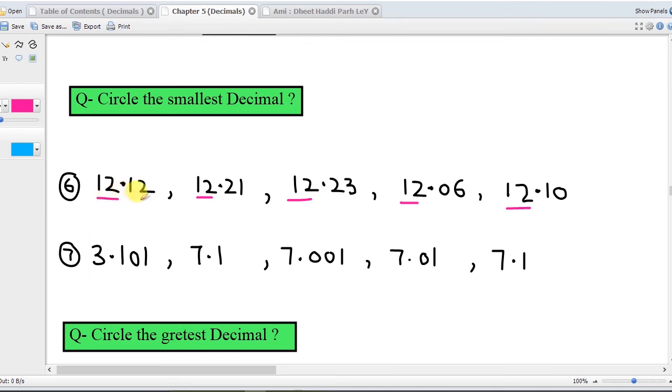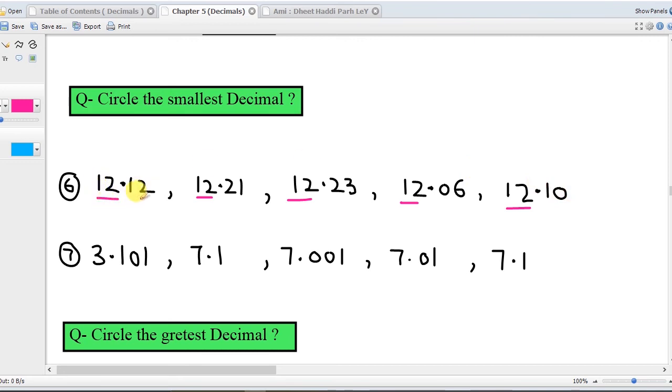Either you can check individually or collectively, so let's check collectively. But first make sure all these numbers after the decimal point have the same number of digits: two digits, two digits, two digits, right?